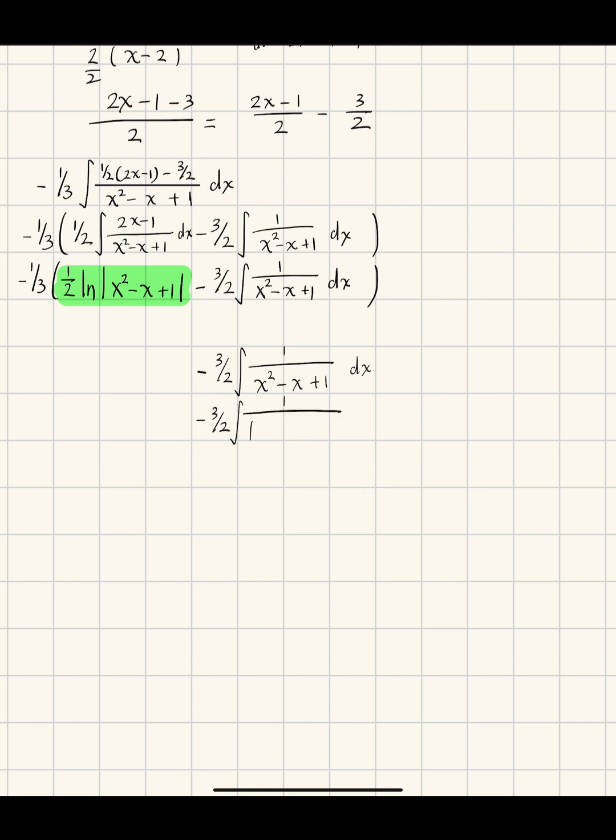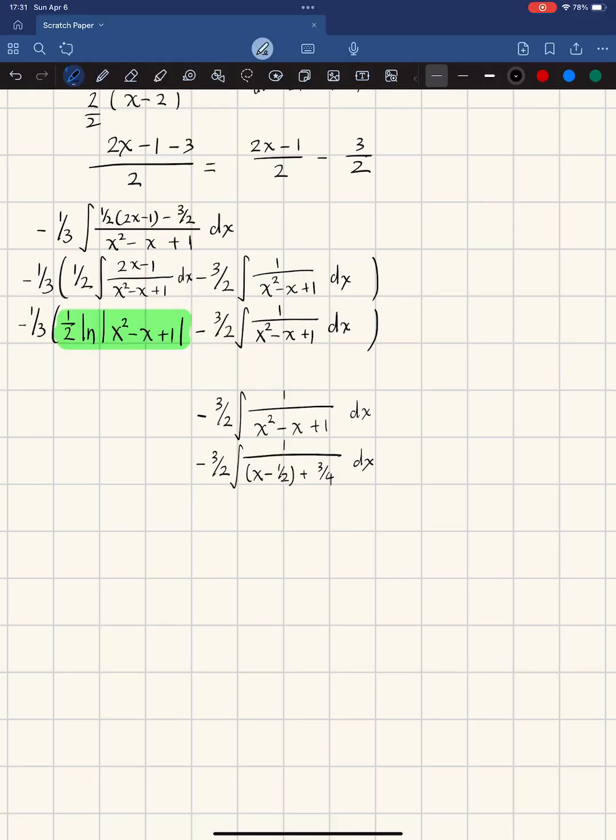And now we are pretty close to a tangent substitution, which is 1 over u squared plus a squared, which after we take the integral will give us 1 over a arctan of u over a.